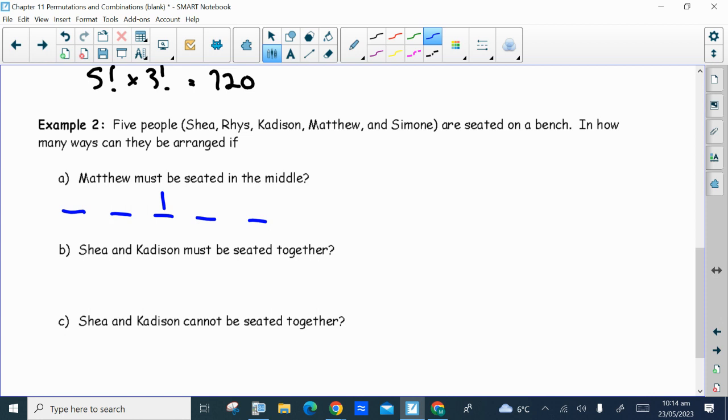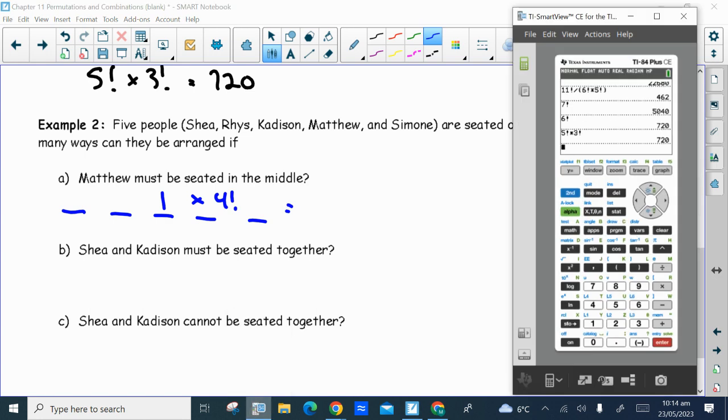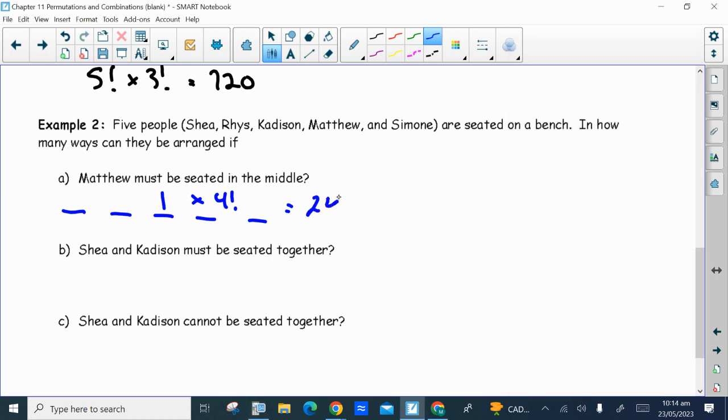You have 4 remaining people to be arranged. They can be arranged in 4 factorial ways. And 4 factorial is 24. 4 times 3 is 12, times 2 is 24. So 24 ways that can happen.